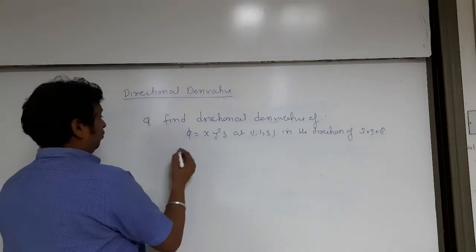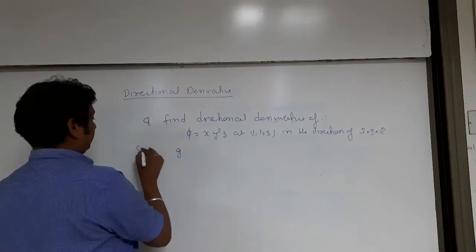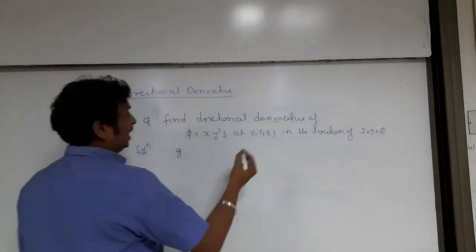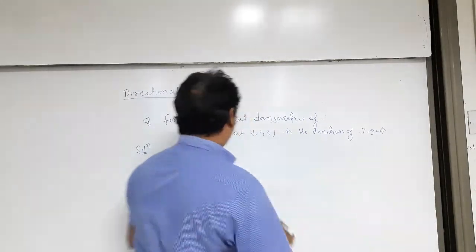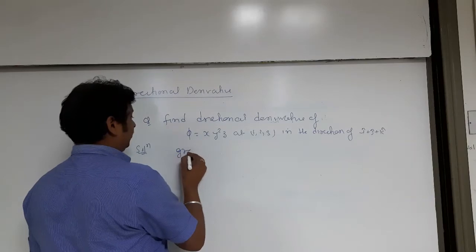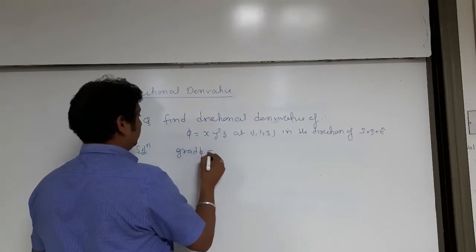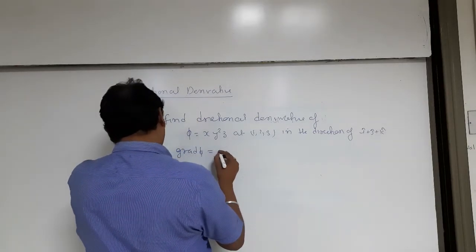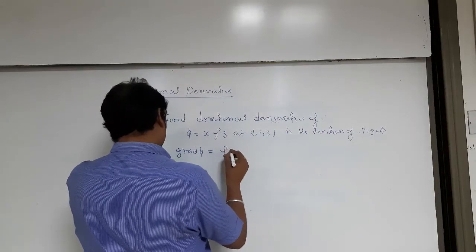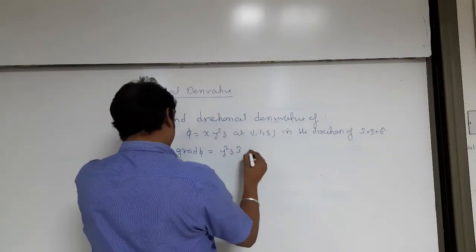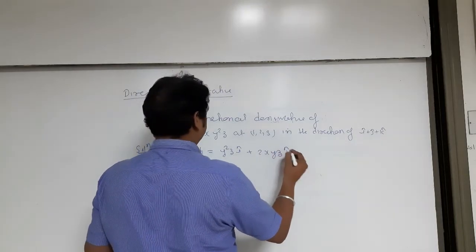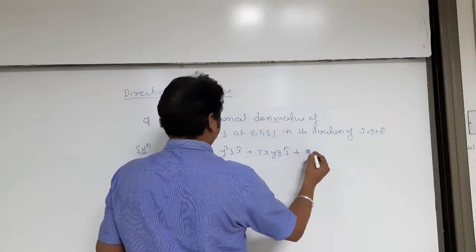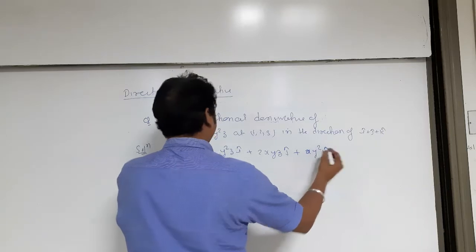So what is grad phi? Here the direction is directly given. If not, then you have to calculate it. What is grad phi? We already calculated it: y square z i cap, 2xyz j cap, xy square k cap.